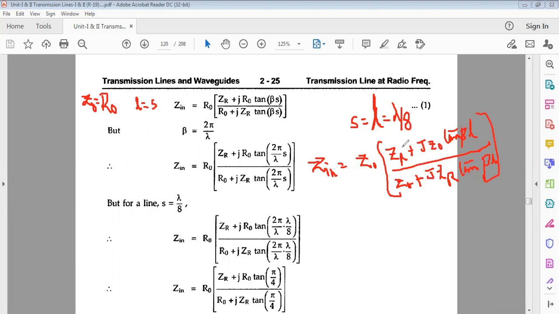How do we get the beta L? Actually, we have ZR into cos hyperbolic, or cos beta L, and sine beta L: Z0 into cos beta L plus j ZR into sine beta L. Alpha is equal to 0 there. The propagation constant gamma is equal to alpha plus j beta.